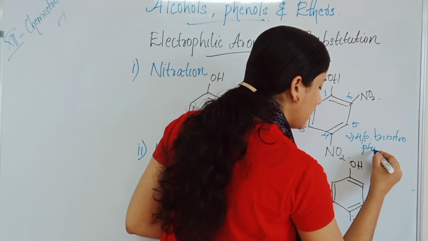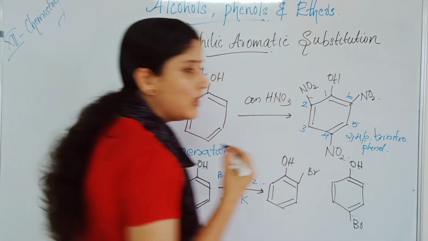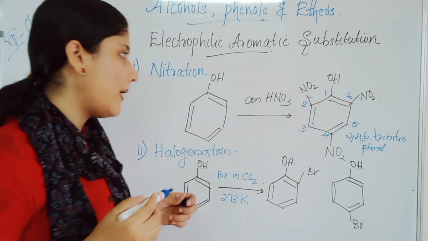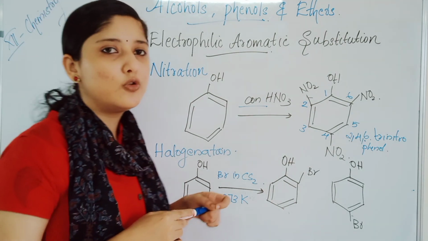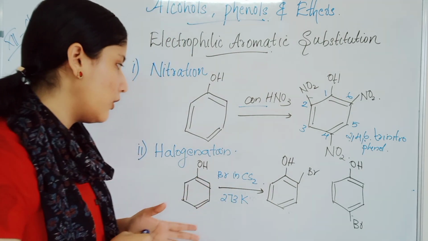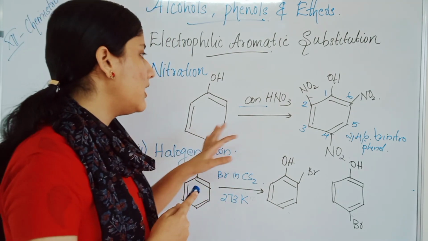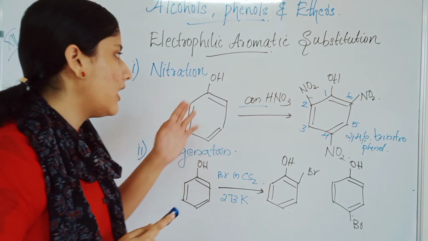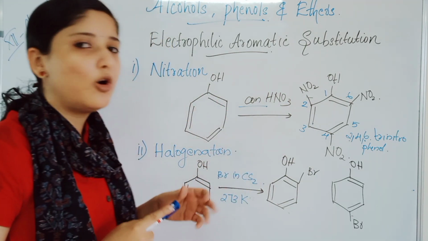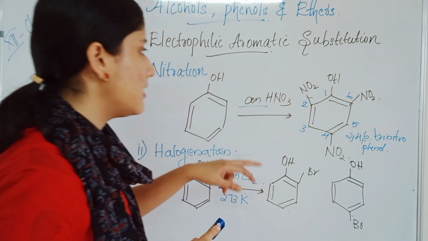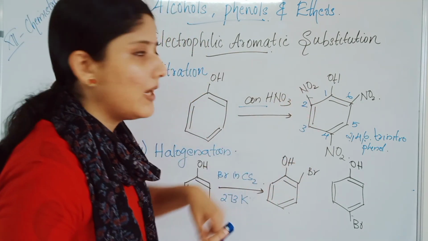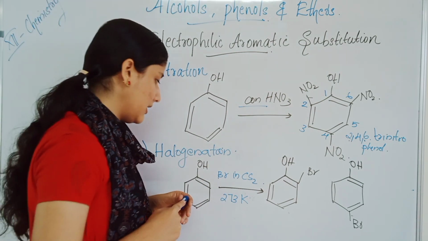Phenol reacts with dilute nitric acid to give both ortho and para products. If we take concentrated nitric acid, we will get 2,4,6-trinitrophenol. So depending upon the conditions, the product will change. Taking dilute nitric acid will give ortho and para products, but when we take concentrated nitric acid, substitution takes place at the ortho and the para positions.